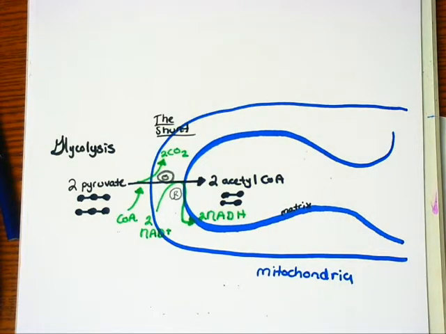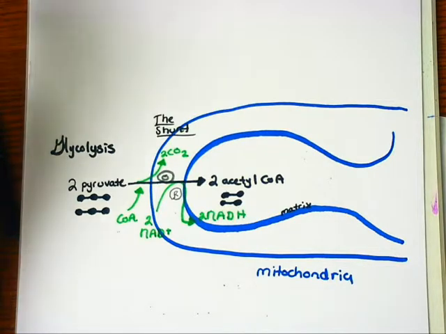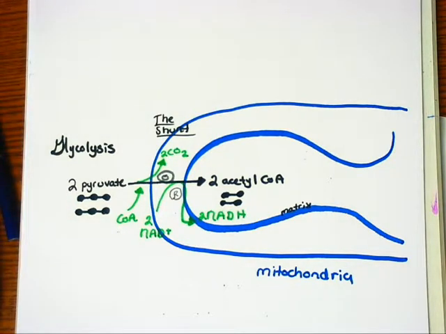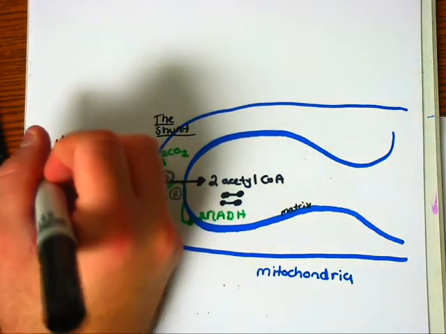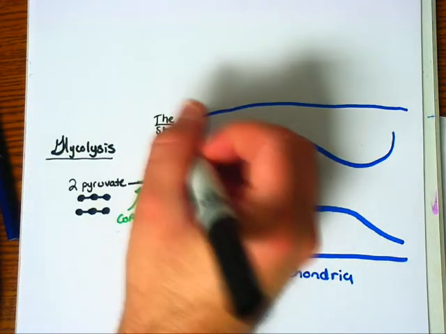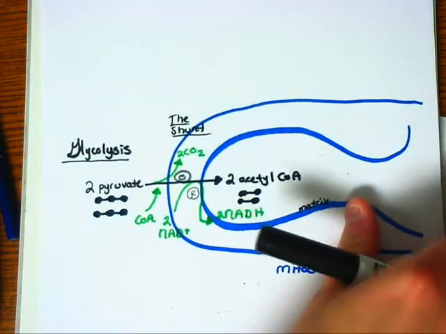Now my 2 carbon piece, I need to continue to react it, correct? To remind ourselves, we've done a couple of things that are important. We've done glycolysis, you've seen the shunt. So now it's time to go into the mitochondria and actually finish this job.